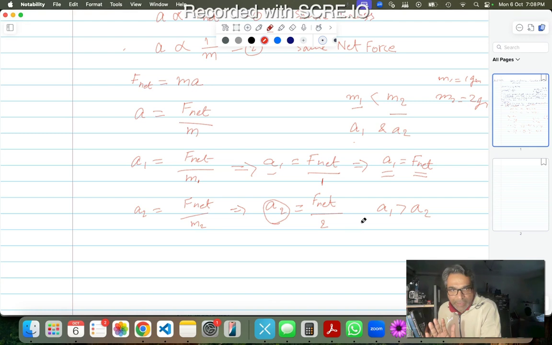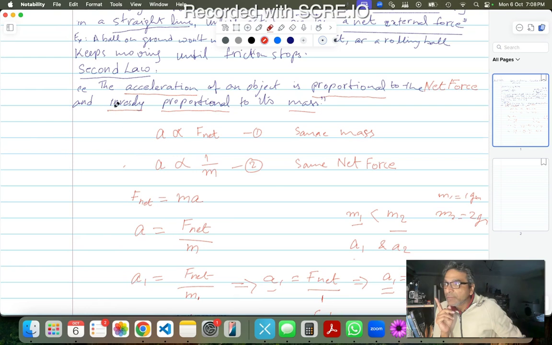Any question now? No, no, you have to just mention it. Okay, the acceleration of an object is proportional to the net force and inversely proportional to its mass. So a is proportional to F net and a is inversely proportional to m, that is, proportional to 1 over m. This is how we can mention the inversely proportional relation between two quantities.